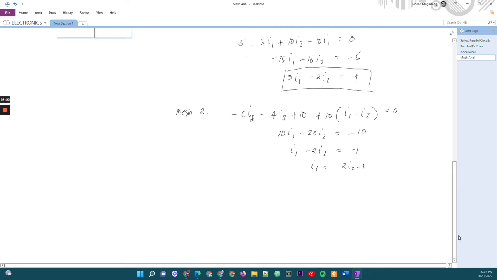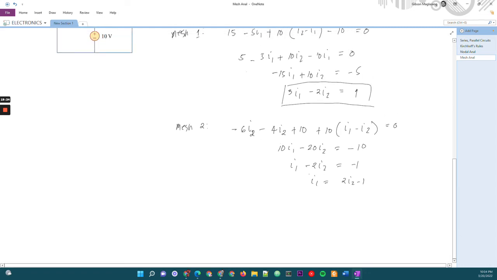Okay, so natay duha ka equation, and since the second equation is already expressed in terms of I2, so ato na siya i-substitute din ha. So substitute it here, you should be able to get the values for I1 and I2.